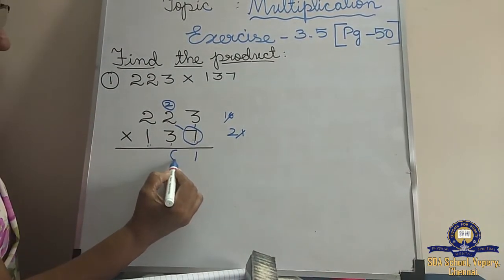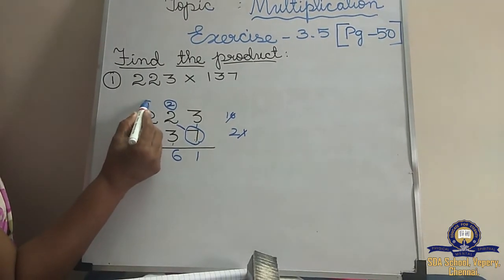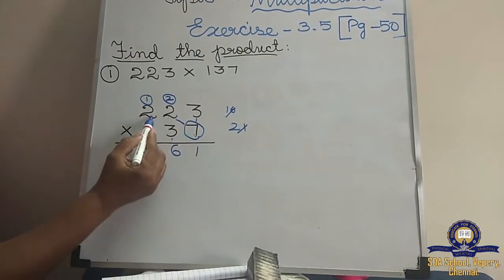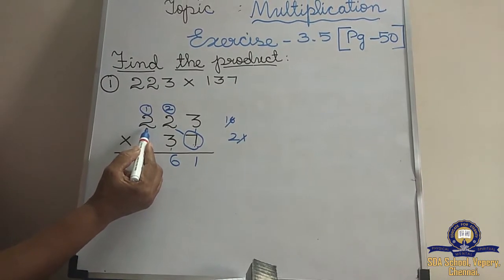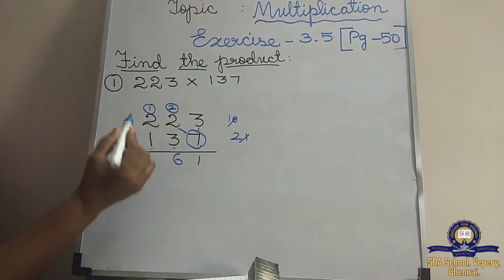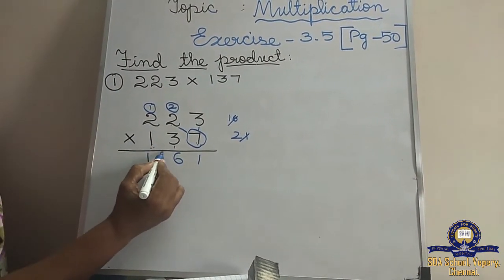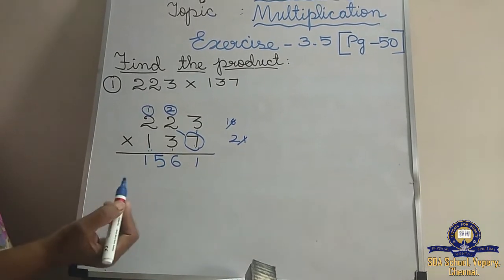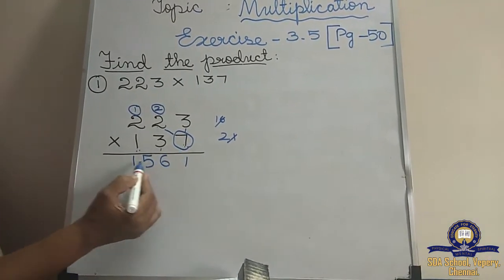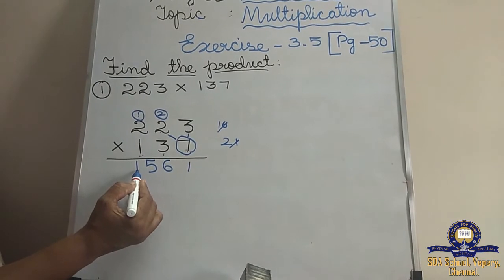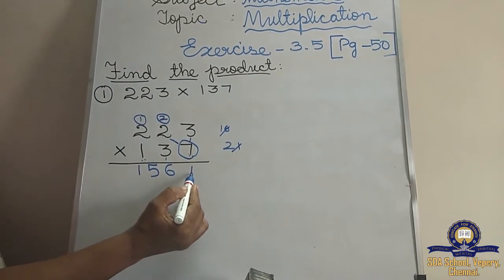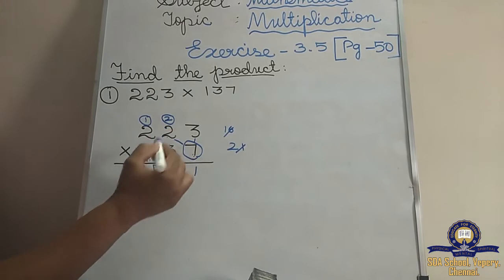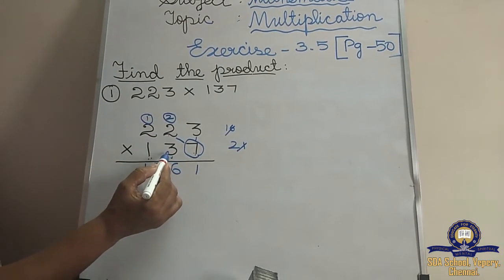So you have to put 6 here and write 1 here. Again 7 twos are 14. 14 plus 1, 15. Thorough, children? See the ones column, what answer came? 1561.